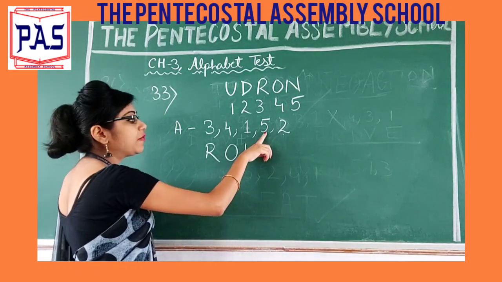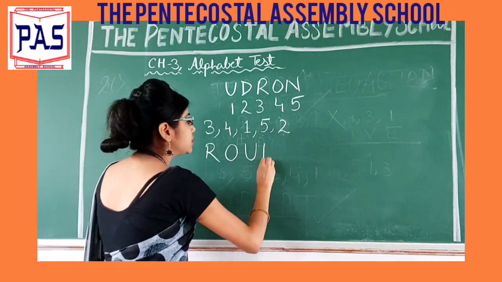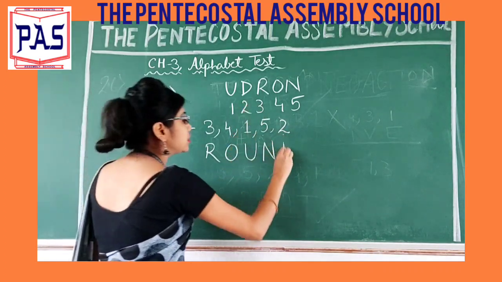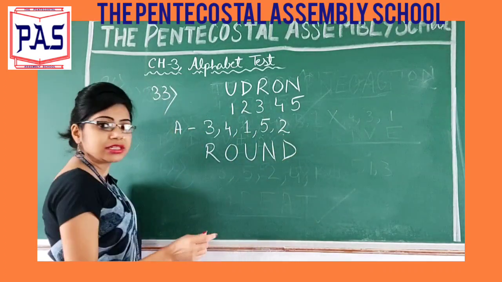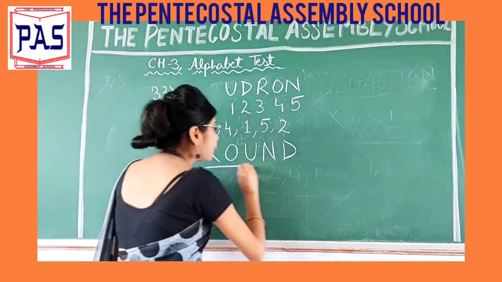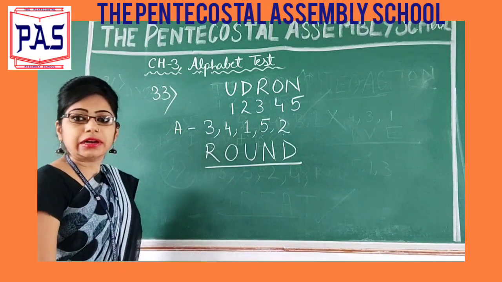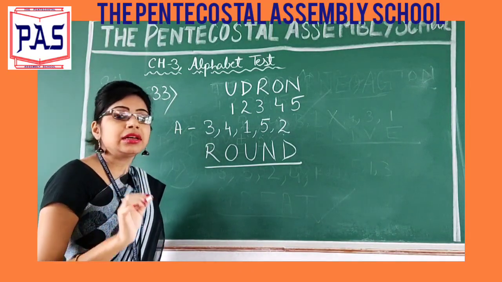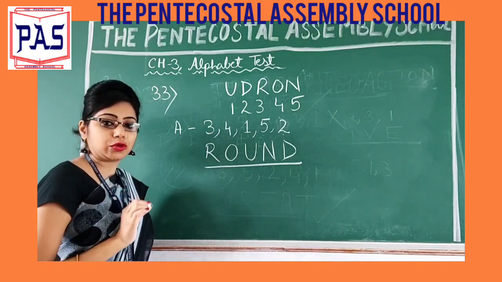And on number 5, letter N is coming. And on number 2, letter D is coming. So, is it a meaningful word? R-O-U-N-D? Round. Yes, children. Round is a meaningful word and it is an English word also.